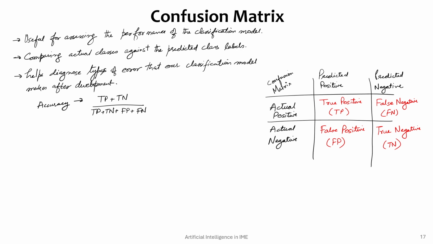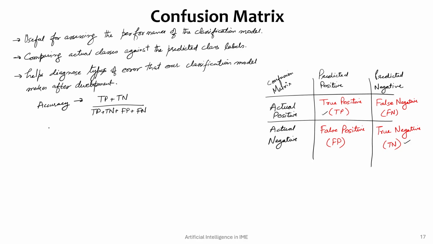So what accuracy actually evaluates to is how many times your model is finding the instances correctly. So it is the summation of true positive and true negative divided by all your predictions, right? So this is the accuracy of your model.